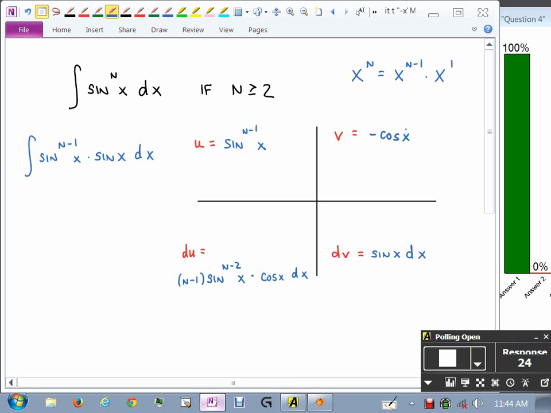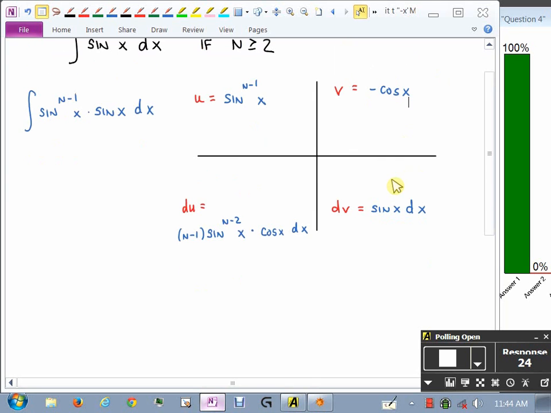Just x by itself. No trig function, just x, right? Our other one had sine and cosine and an x by itself. This one doesn't have that, does it? It has sines and cosines, but no x by itself, which is a huge deal. That's like two completely different types of functions. You've got the trig functions, and then you've got a power function, linear function attached to it. We don't have that here.